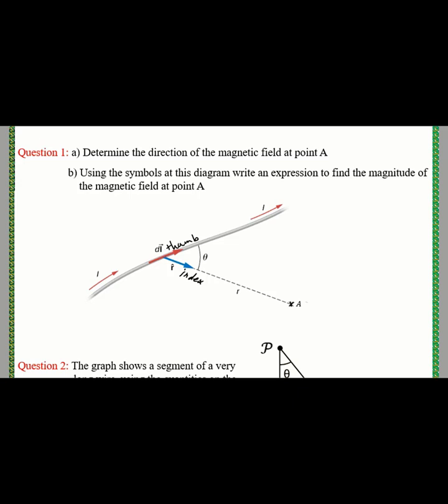So please put the index finger from the wire to point A and the thumb with the current. You will find the magnetic field will be down like this.